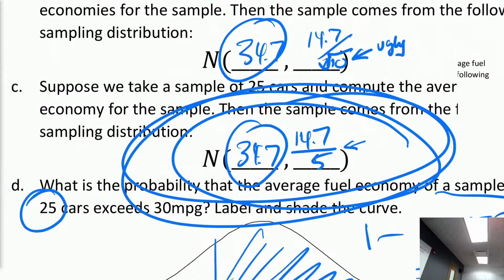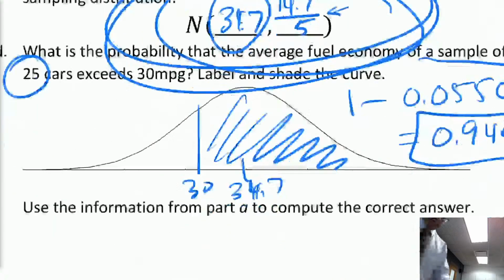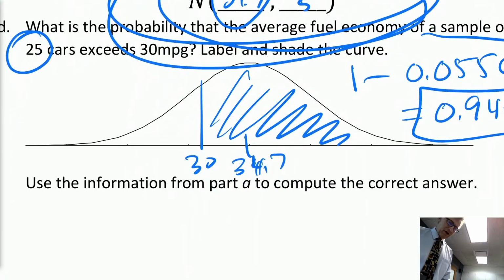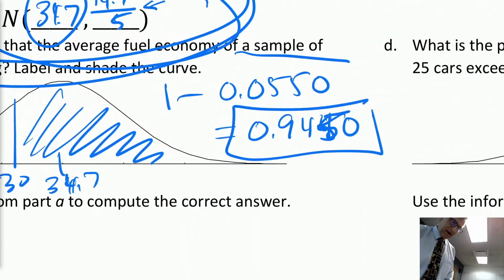If you've got a sample, then you're going to do what we did here, this central limit theorem business. And here's the picture. That's a 5. But anyway, hopefully, I saw a lot of 5s on your answers. So anytime I see a 5, I think it's probably correct, and I'll mark it right.